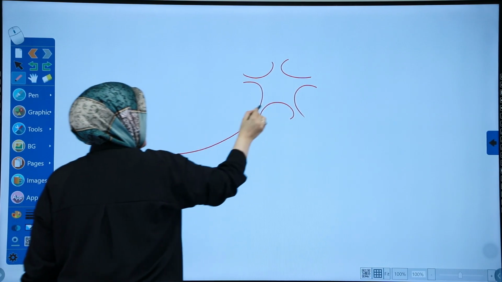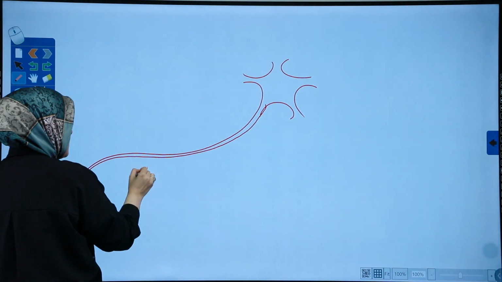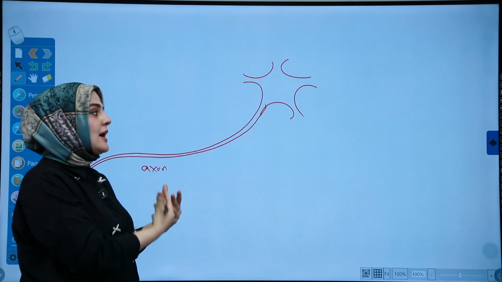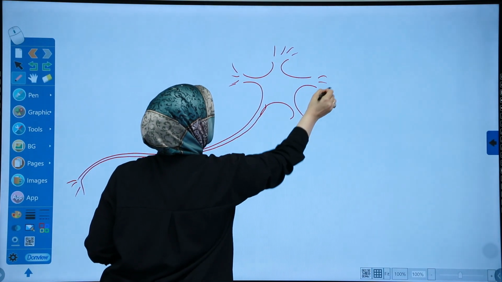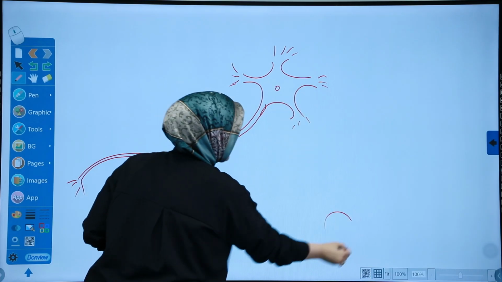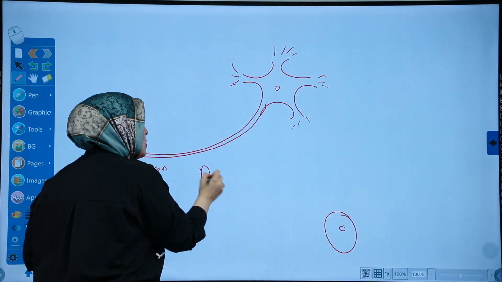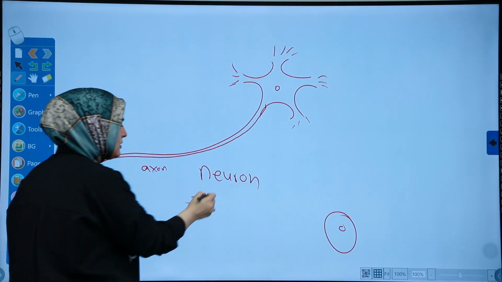It has a very, very long thing here on this side. We call it axon. We're going to study more about it during chapter 4. But I want you to understand what's happening here. So this is the cell. It doesn't look like a normal cell that I drew like this. It must be special somehow, right? We call it neuron. Neuron is equivalent of saying nerve cell.